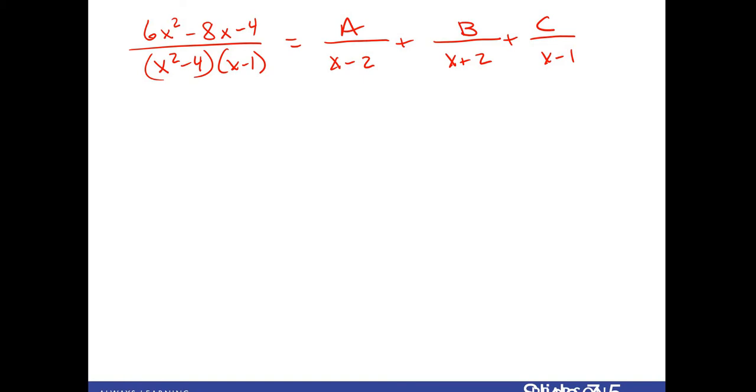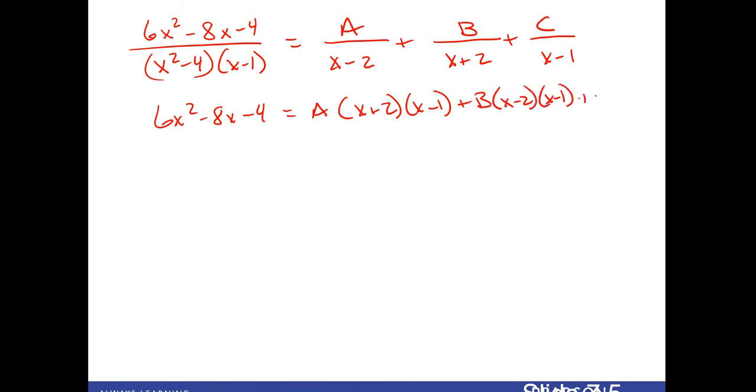So let's again look at what we did before, multiplying both sides by the common denominator. 6x squared minus 8x minus 4 equals a times x plus 2 times x minus 1 plus b times x minus 2 times x minus 1 plus c times x minus 2 times x plus 2.